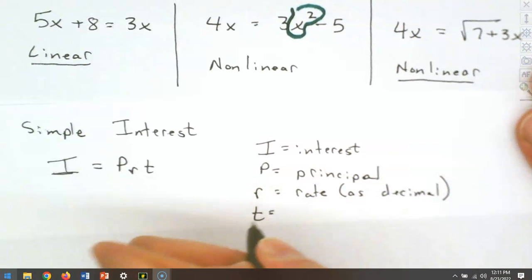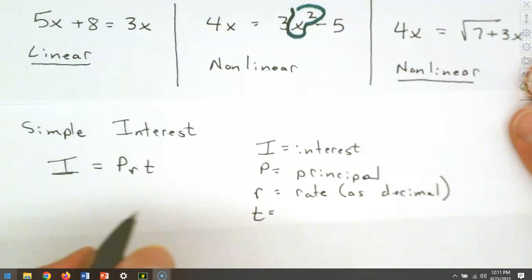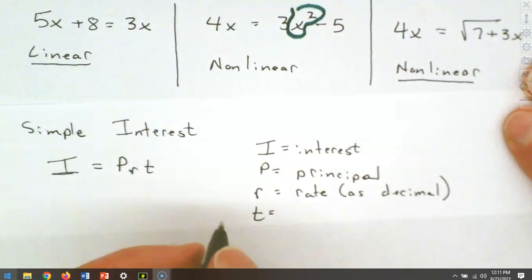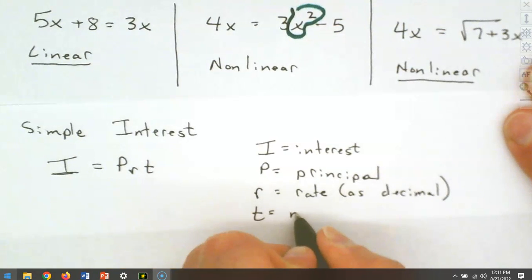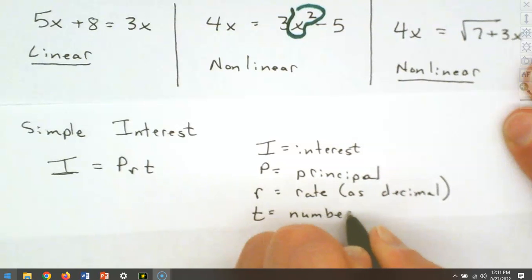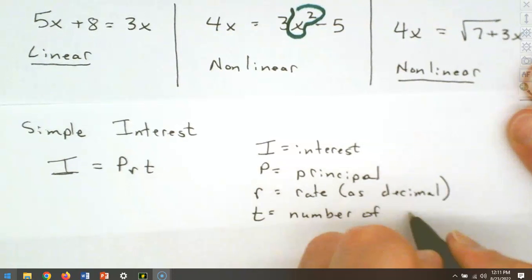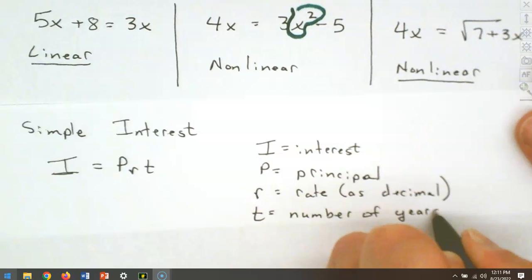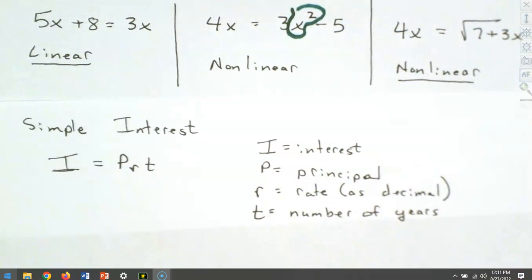And T is years, not months, years. So T is a number of years. So here's our formula for the simple interest.